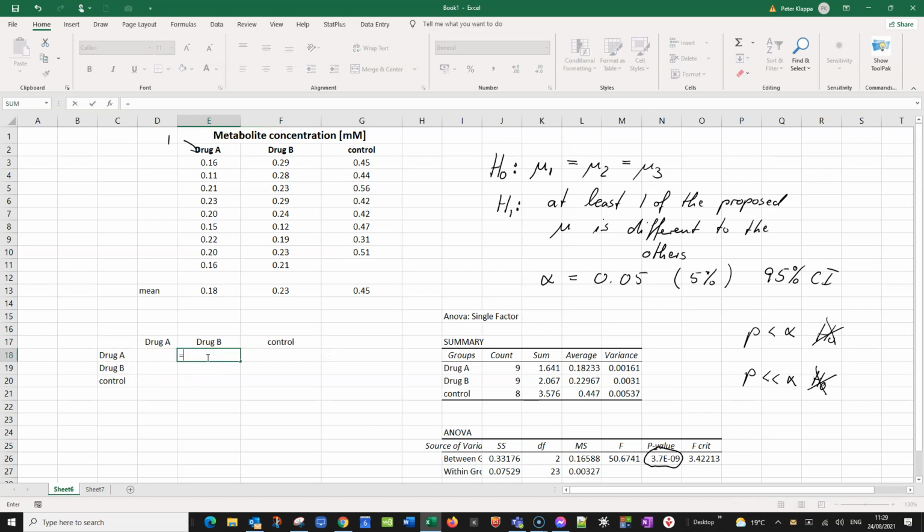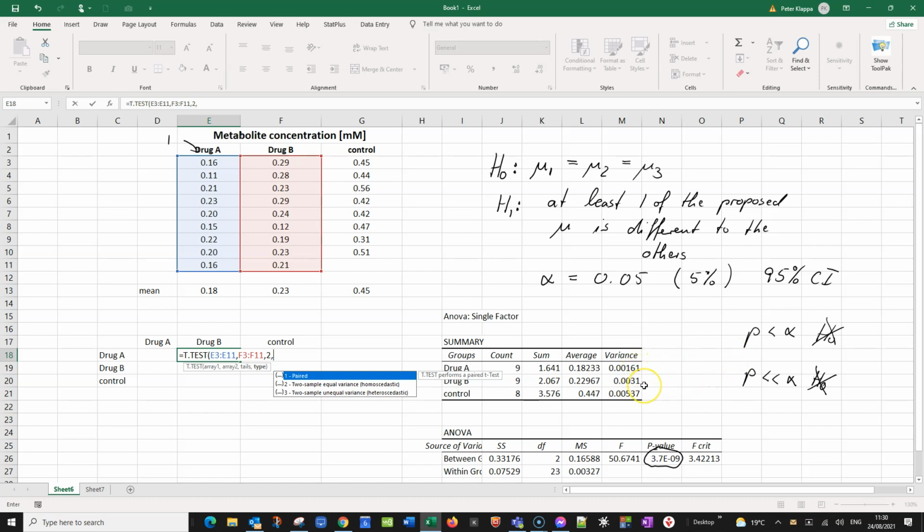So we use t-test and we compare this sample with this sample. We take a two-tailed test, so that's why I put a 2, and we work on the assumption that we have unequal variances, which we can see here with the variances.